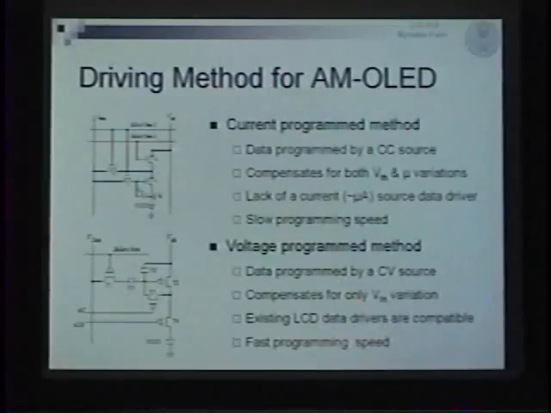So at this point, the voltage program has an advantage. At this stage, I can't say which has the advantage, but I believe that the current program method will be major because I am researching on this method.